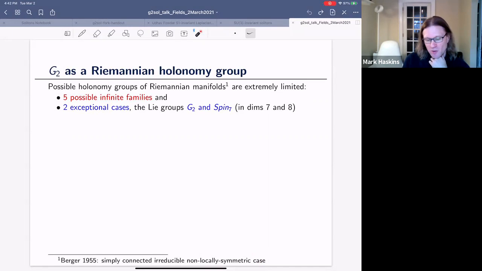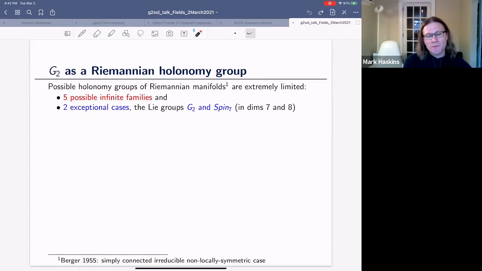You want to get rid of things that are reducible, and to make global statements easier, assume the manifold is connected. Under those assumptions, Berger showed that the possible holonomy groups of Riemannian manifolds are extremely limited.